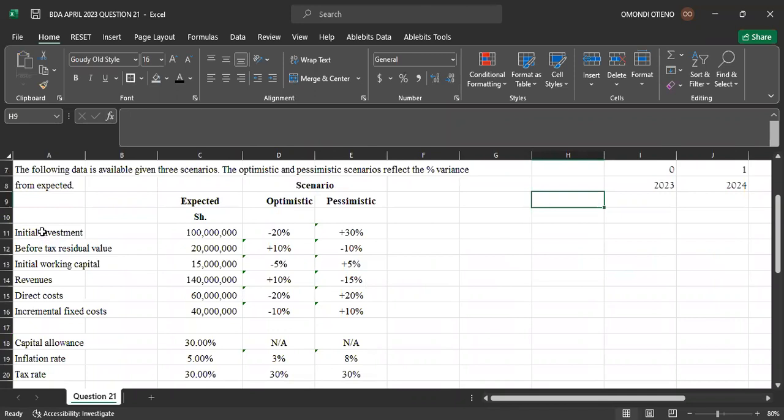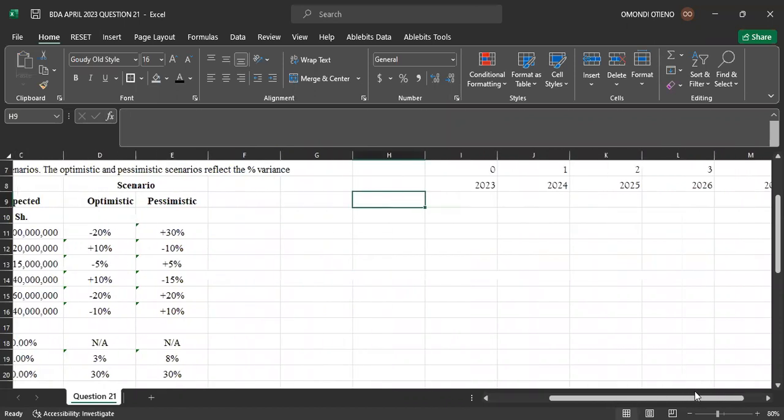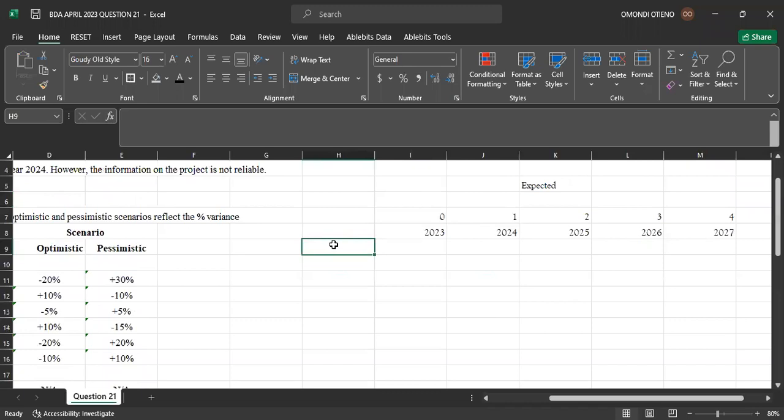There is some revenue somewhere. So the first item that you're going to start with there will be revenue. We have our revenue here.